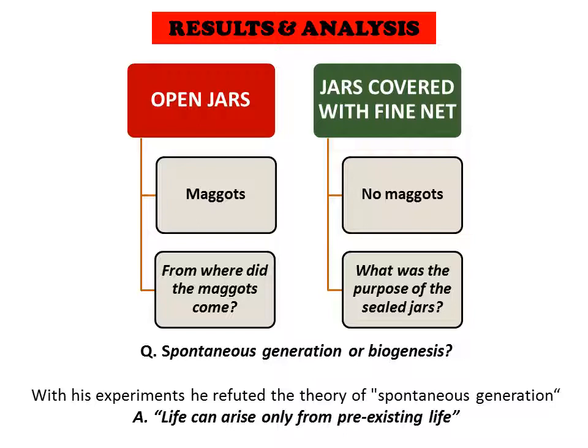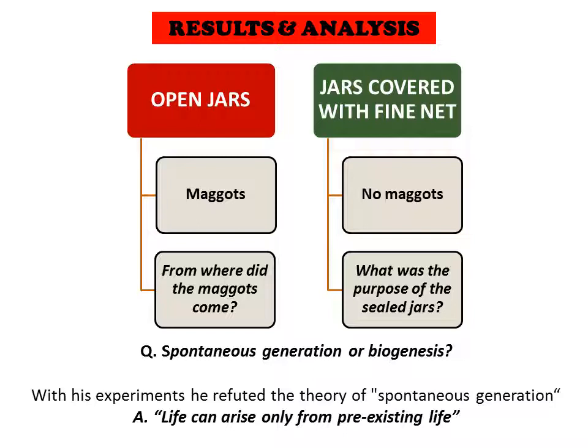So with this analysis, he was very clear that meat was not giving rise to maggots, because if it were so, then maggots should have been present everywhere. And second, maggots can come only from maggots. So his precise answer to the question was that life can arise only from pre-existing life.